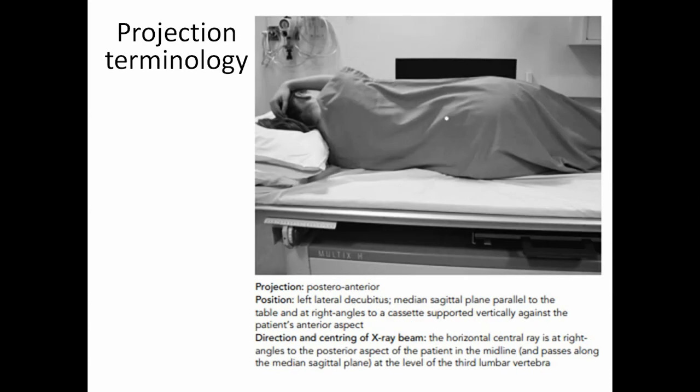See, this is another view. In the same way, sometimes you want to take a PA view, but the patient is not able to sit or stand. So you take a posterior anterior view in another way. What I explained previously are the left lateral, the dorsal decubitus, and also this PA decubitus.